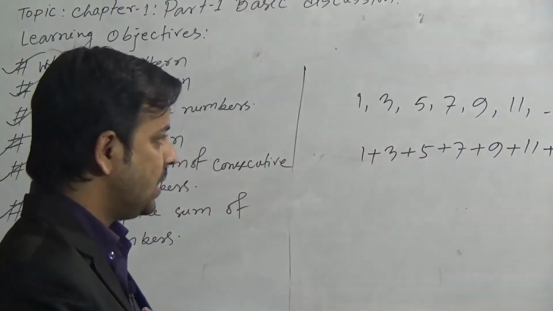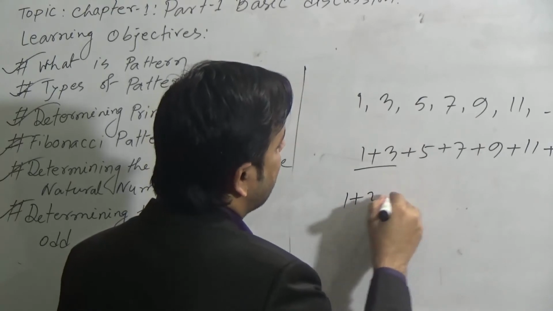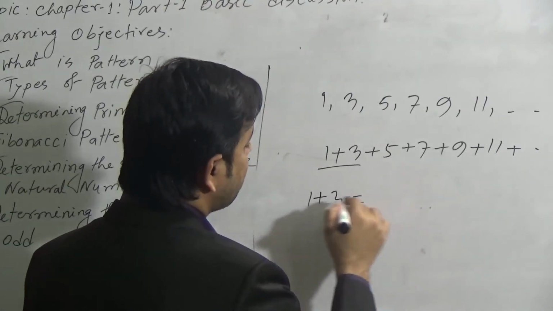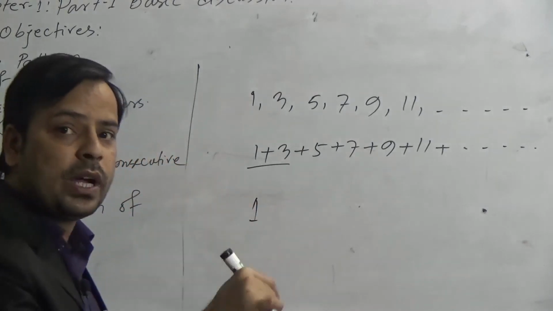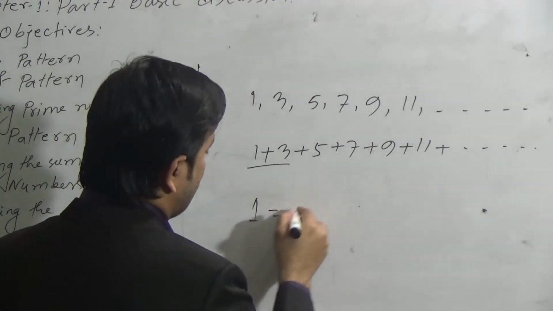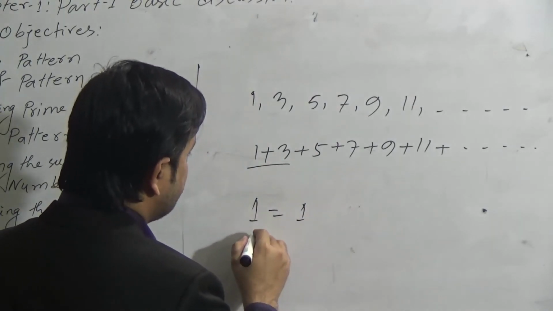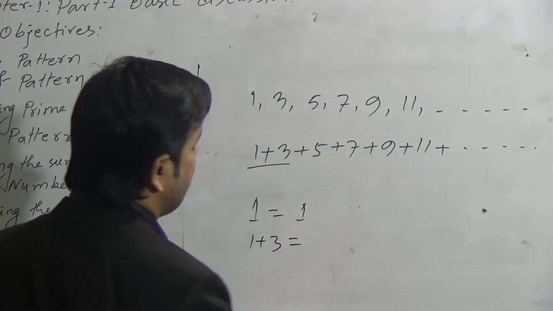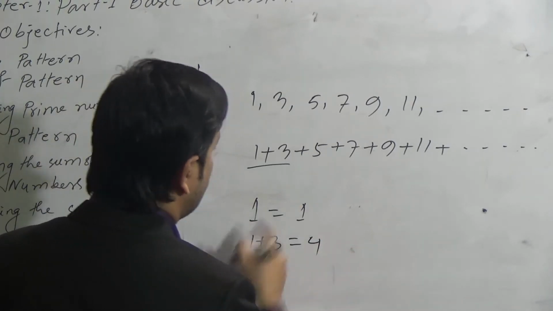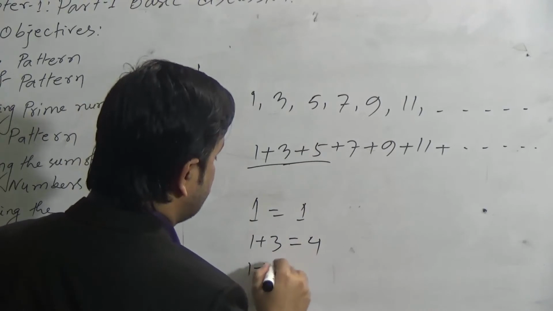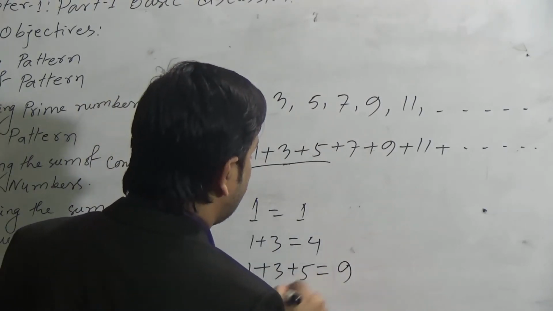How can we determine it? If we consider only one term, that is 1. When we consider 2, we get 1 plus 3, which is 4. If we consider the first 3, 1 plus 3 plus 5, this will be 9.